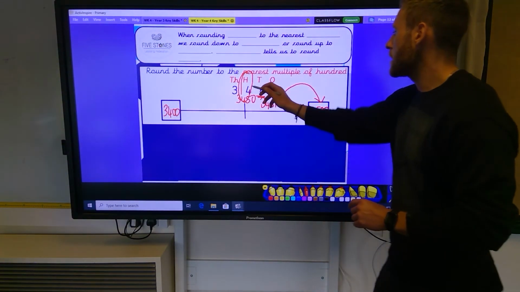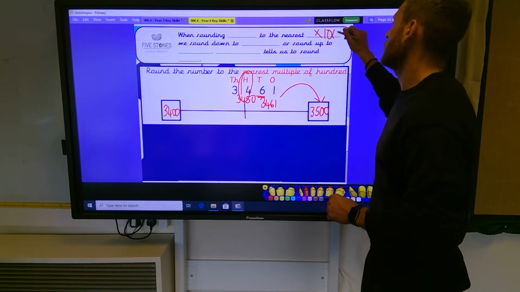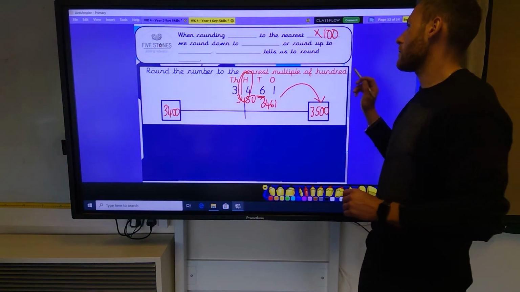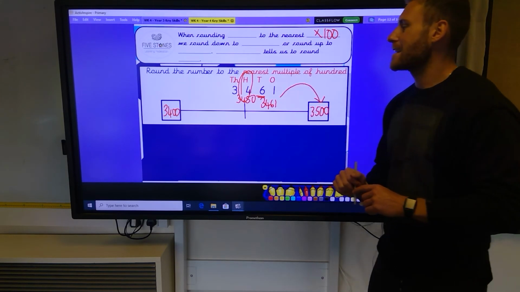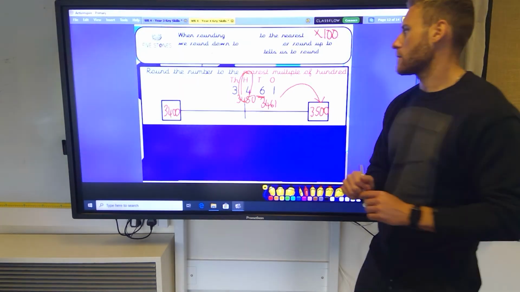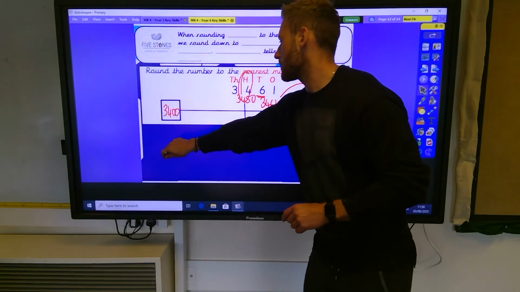So when rounding 3,461 to the nearest multiple of 100, we round down to 3,400, we round up to 3,500, but the 6 tens tells us we round up to 3,500. So well done if you managed to solve that with me.